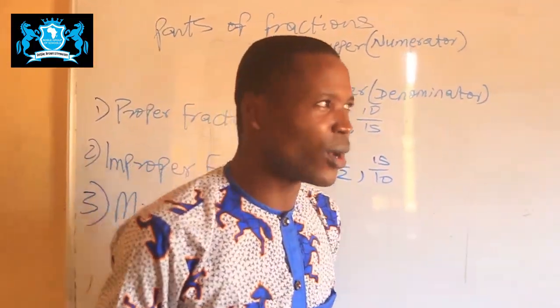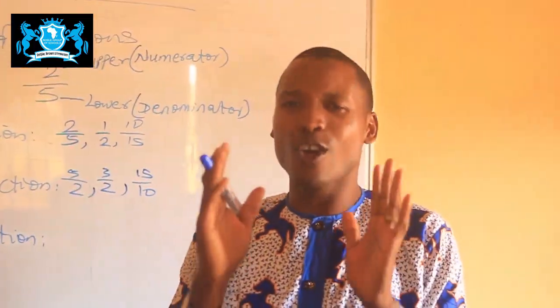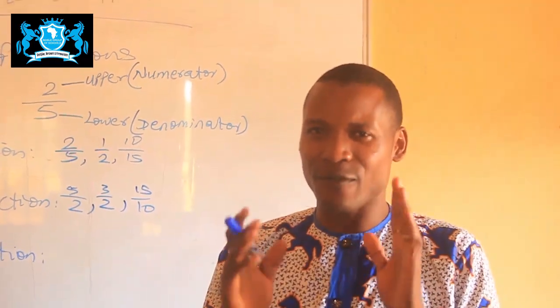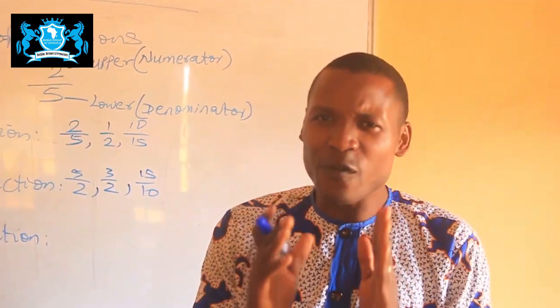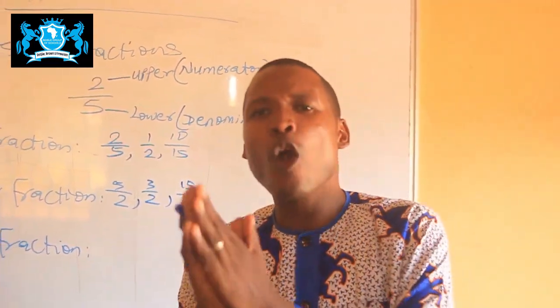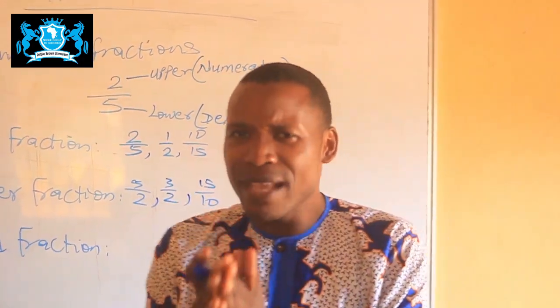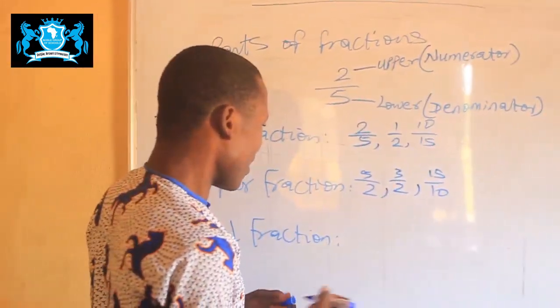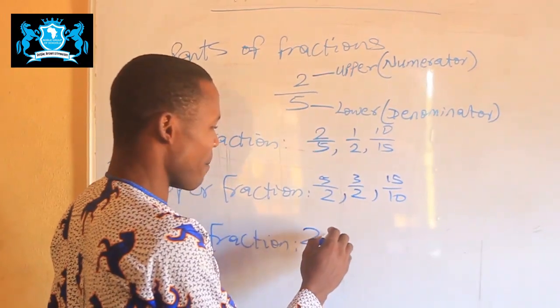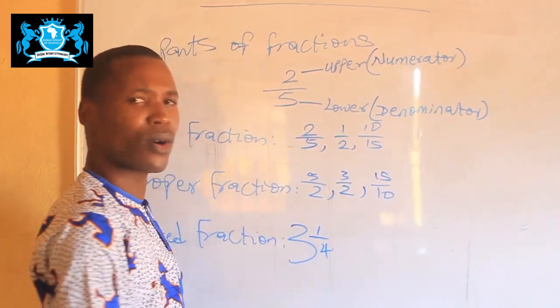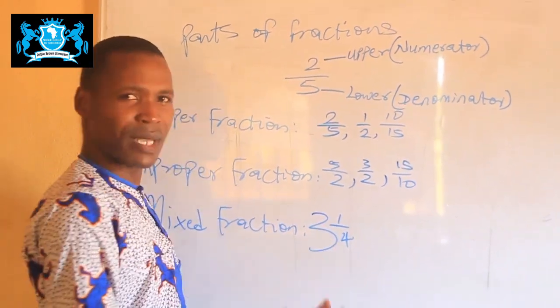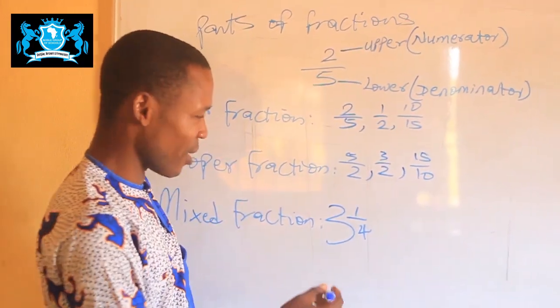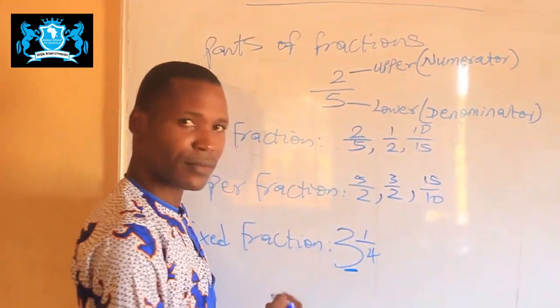Any fraction that has a whole number is a mixed fraction. For instance, if we have something like 3 whole number 1/4, this is a mixed fraction. Why is it a mixed fraction? It has a whole number.